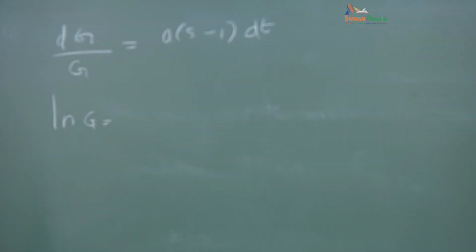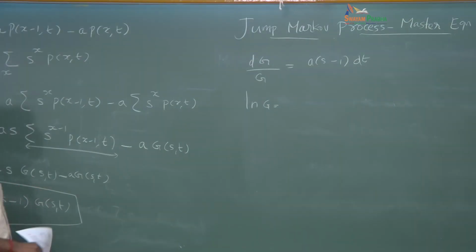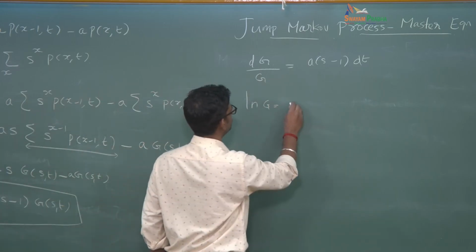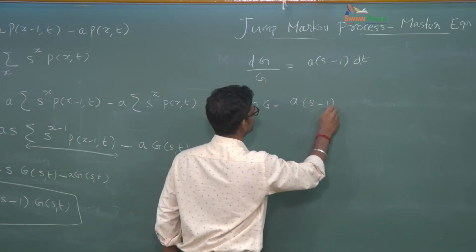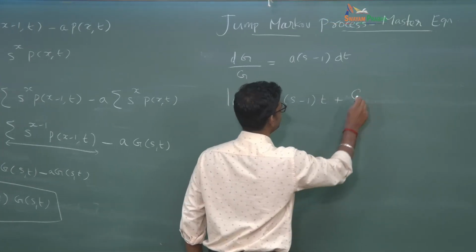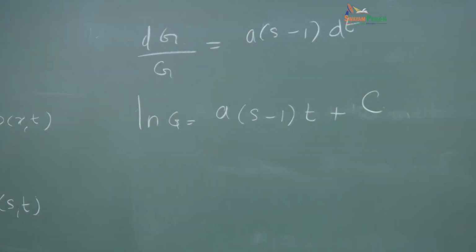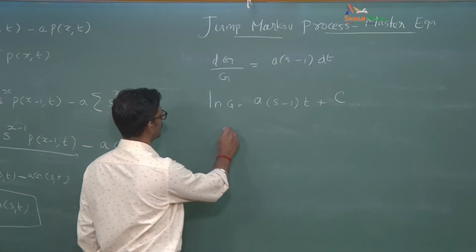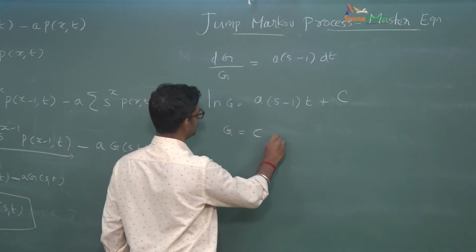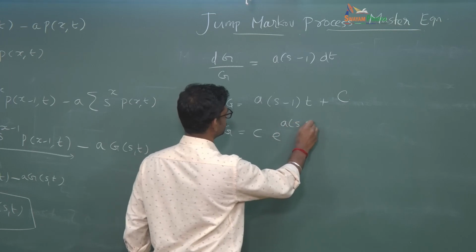You can bring g to the left and take dt over there, and then integrate this. You will get ln g is equal to a(s minus 1)t plus some constant c. Or simply, g is c times e power a(s minus 1)t.